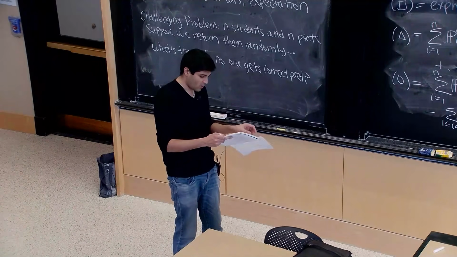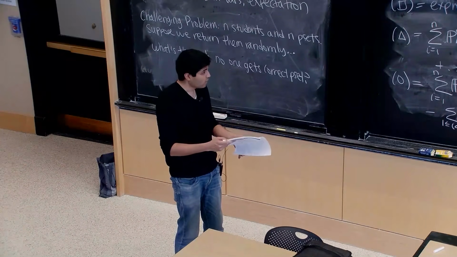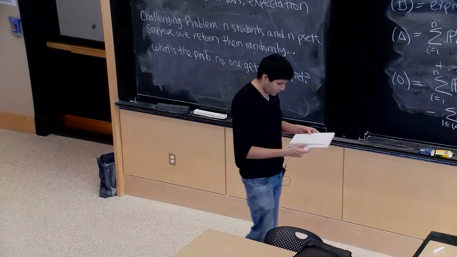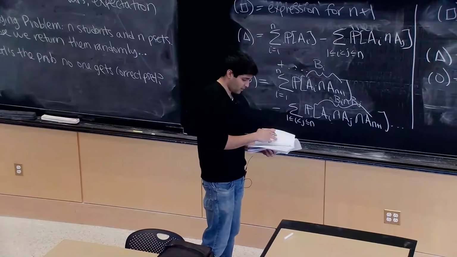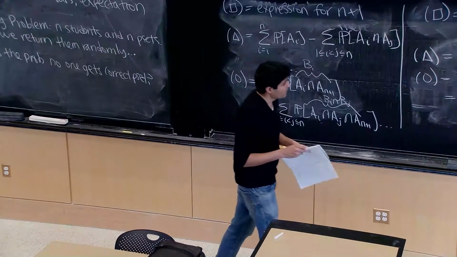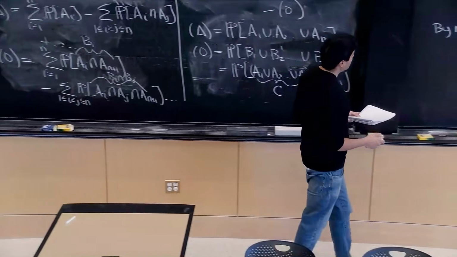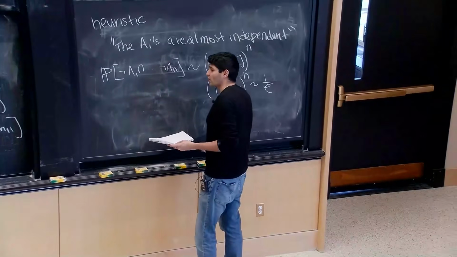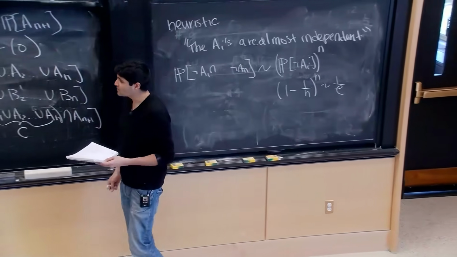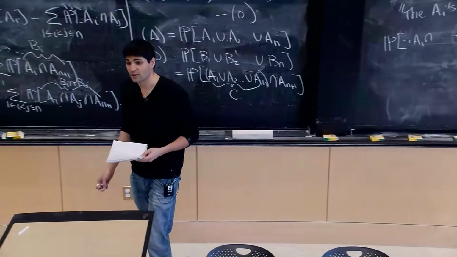Okay, so now I want to tell you one other brief aside, and then we'll move on to our second topic for today. There was one thing that I told you about last time, which was when we talked about random variables, I talked about their expectation.